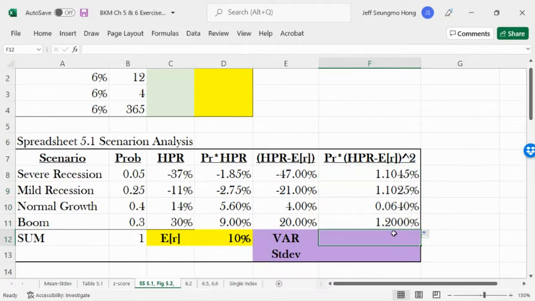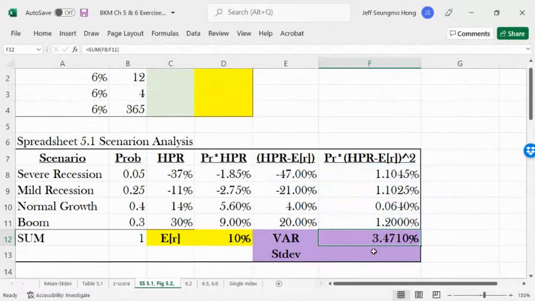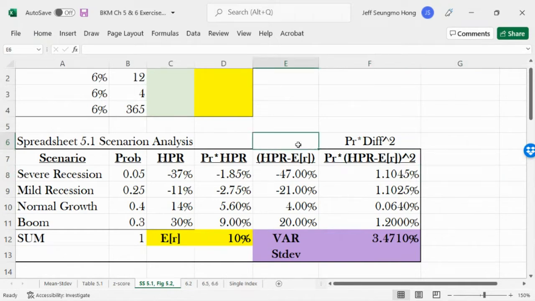Now, when you take the sum of those probability weighted squared difference terms, right? So this is probability times squared difference terms. This is just the difference term.